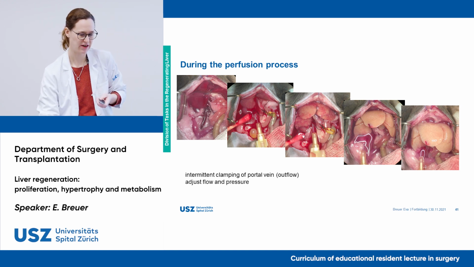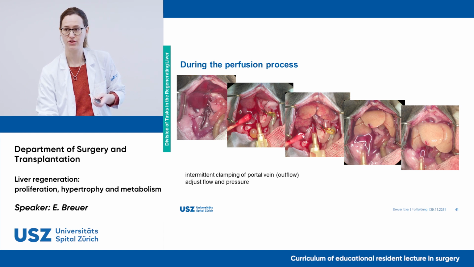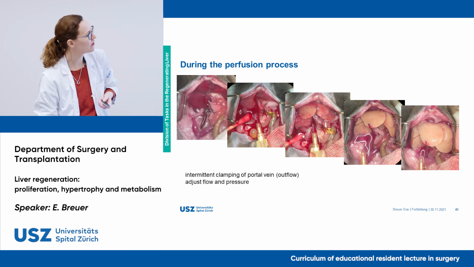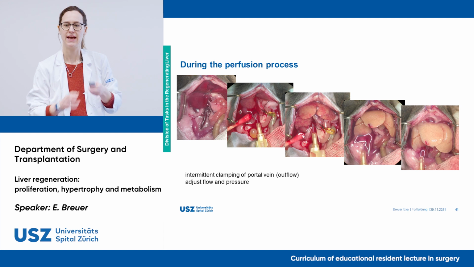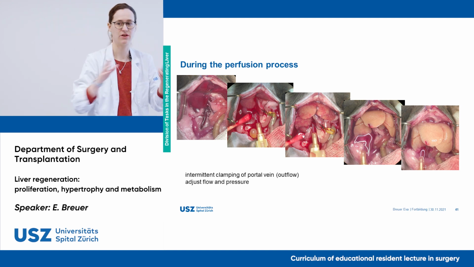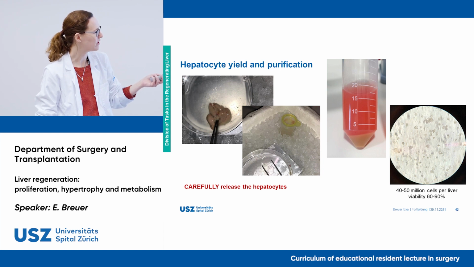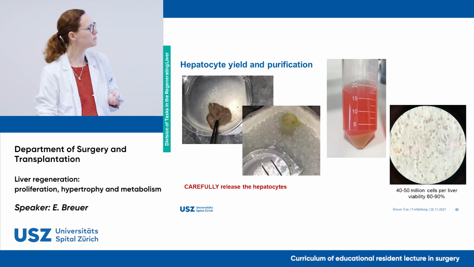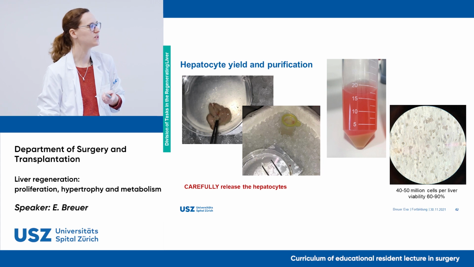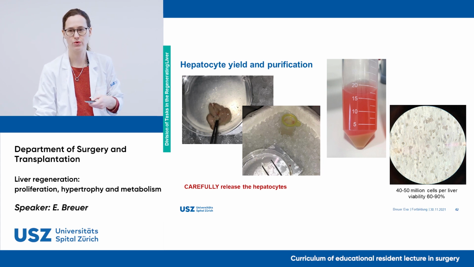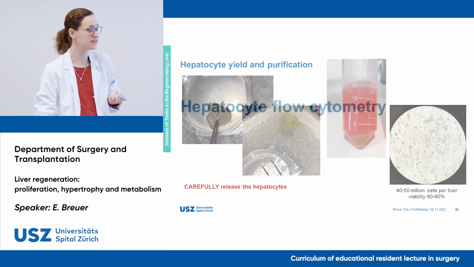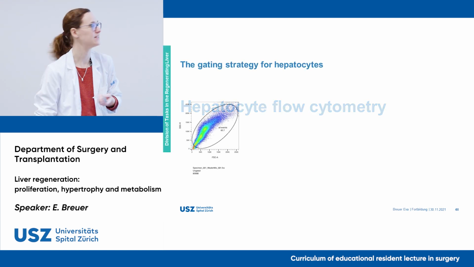We have the liver in the beginning, then it's cannulated, the perfusion solution goes through the liver, and the liver swells, and all these hepatocytes are dissociated from each other. Then you have to carefully release the hepatocytes from the capsule, and then you are able to see the single hepatocytes in solution. Now comes the interesting part, you can try to analyze them.